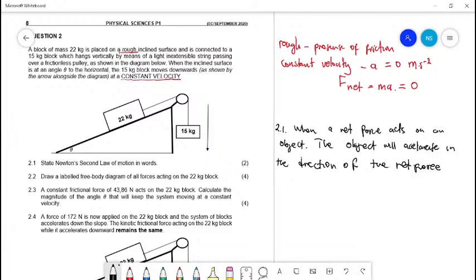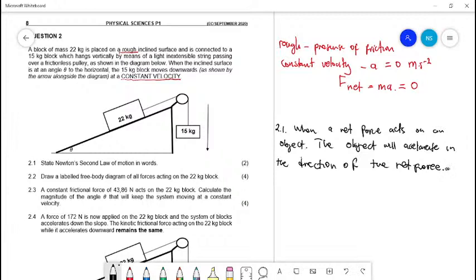So when the net force acts on a particular object, that causes the object to accelerate, and this object accelerates in the direction of the net force, right? So that's the first part.